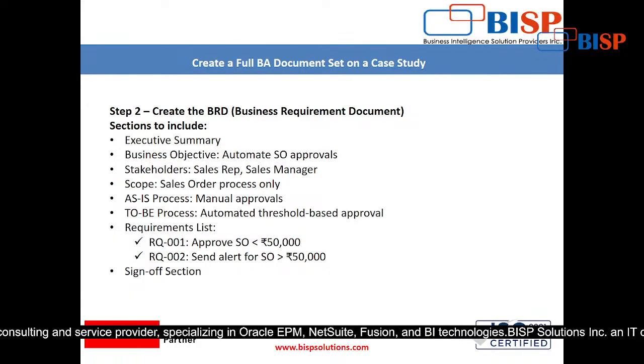That means names of all, and then one document copy will be shared with everyone, and once they sign off, that document will be scanned and uploaded, and finally shared with our functional consultant and technical consultant team, and then they will say yes, okay now.